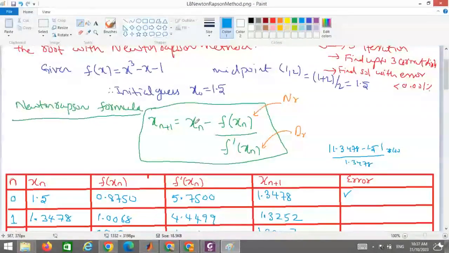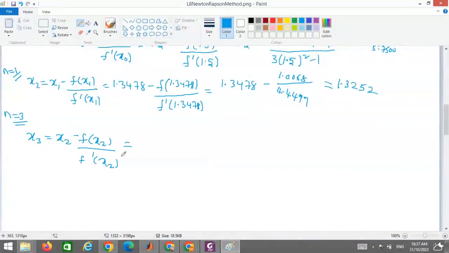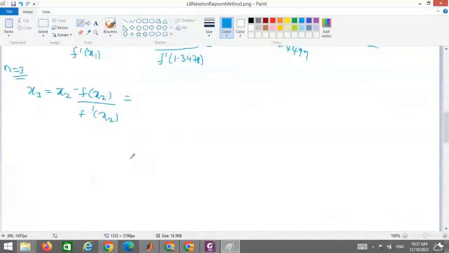So when I put n is equal to 4, x5 is equal to x4 minus f of x4 by f dash of x4. Okay.